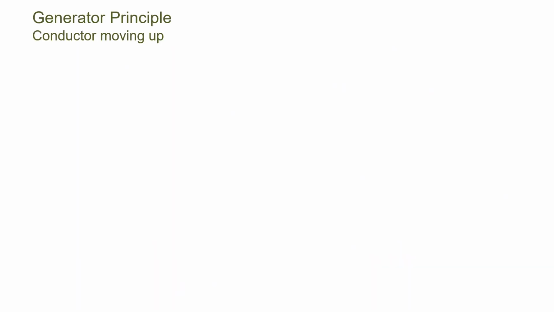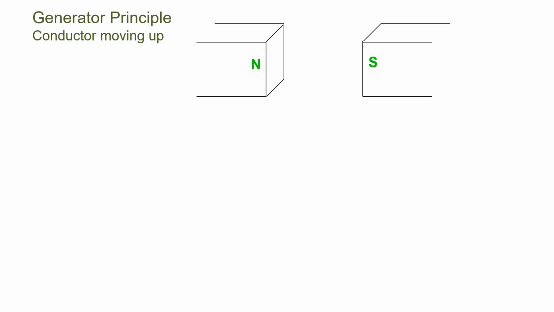We will understand the generator principle when a conductor is moving up across the magnetic field lines. We will consider the two poles of a magnetic core which has N and S poles. We know the magnetic field lines will be oriented from north to south pole.